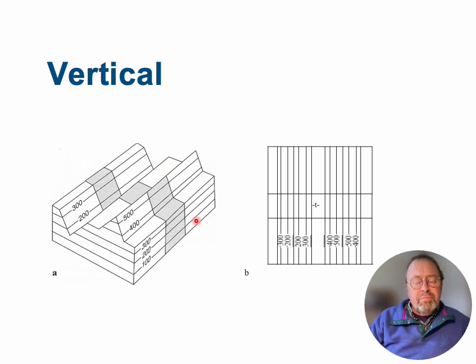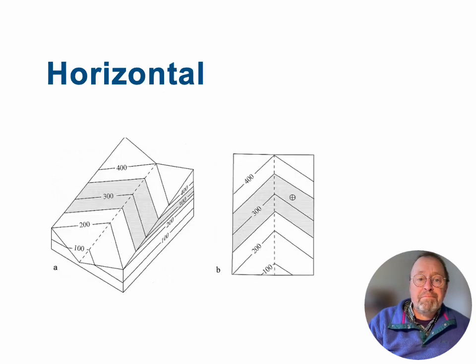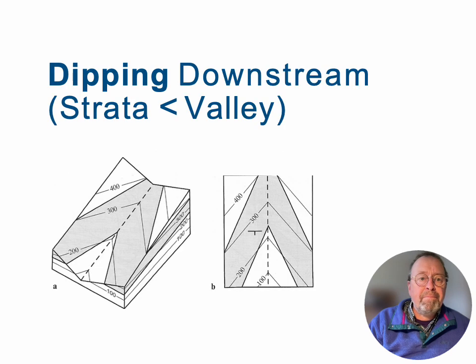So, as I mentioned, vertical features, of course, cut straight across everything. They're just flat on the map, and that's a really simple case. Anything that cuts right across the map, crossing contours, you know it has to be vertical or very steep. We already saw that one.